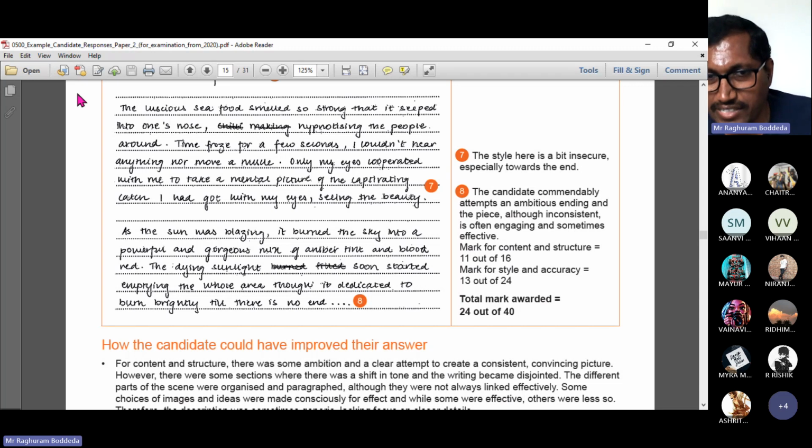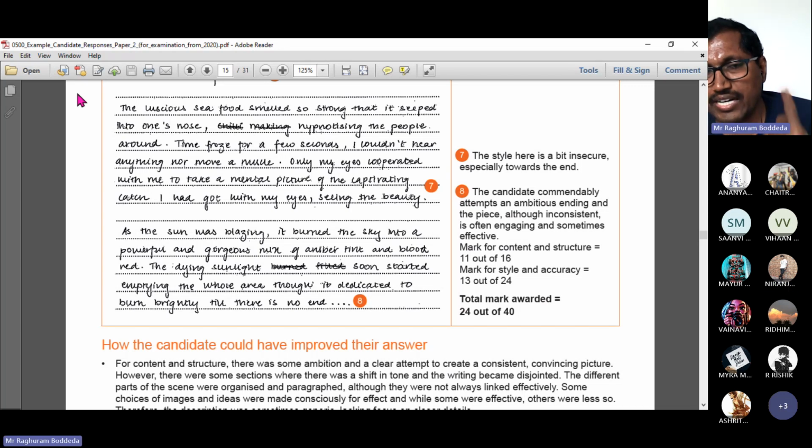Now what basic details are stated here? They're talking about the food they found in the beautiful landscape.